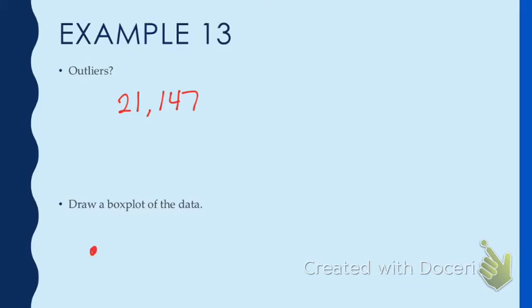So what is my minimum value? 180. Okay, 180. Then I'm going to draw, what is my Q1? 735. What is my median? 1,805.